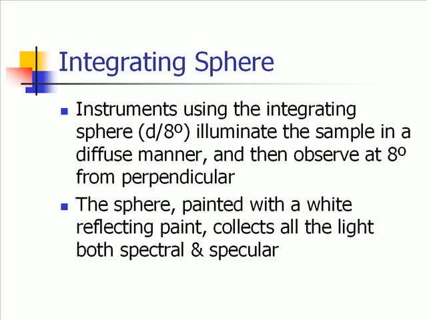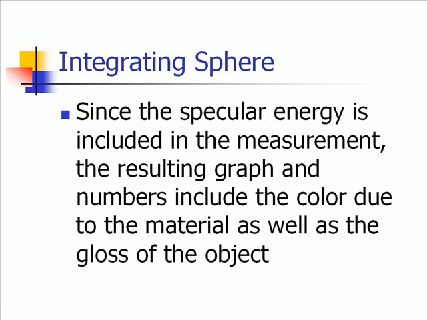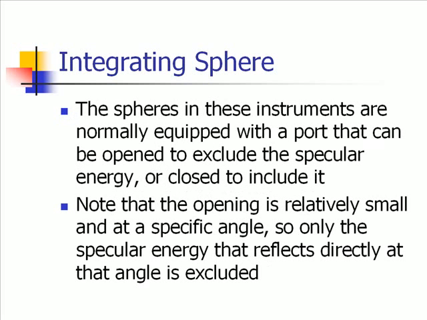So you would get a curve that is higher for the integrating sphere, higher up on the scale, than you would for the 45/0 because it's collecting more light. There's a port there where we can exclude some of that specular energy, but it doesn't exclude all of that specular energy. This is kind of a picture of how the light is reflected off of different surfaces.